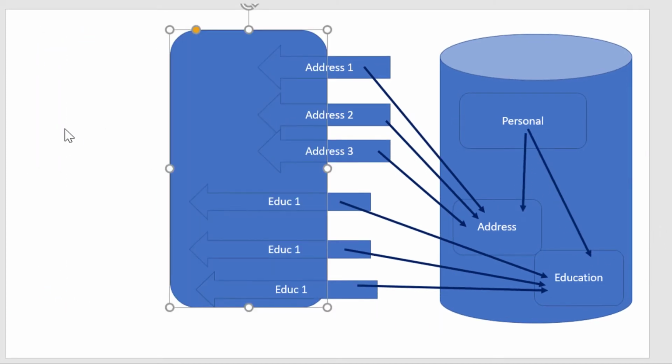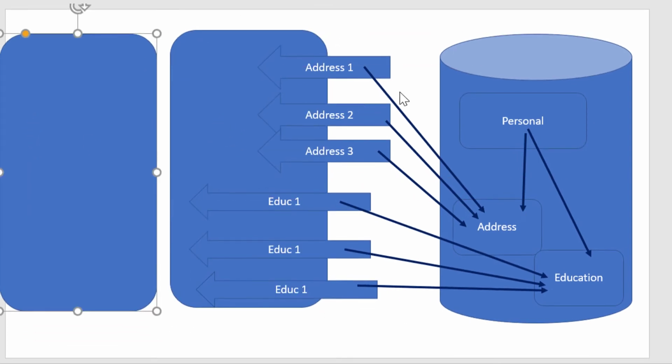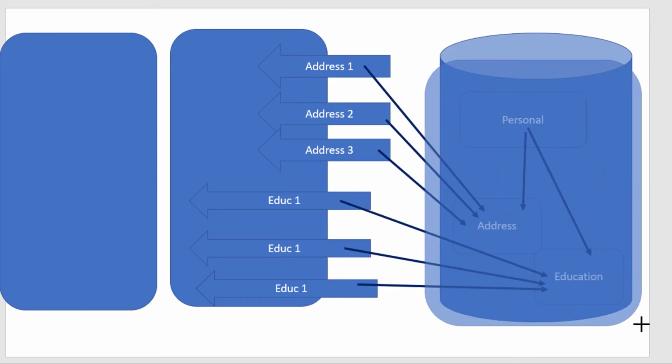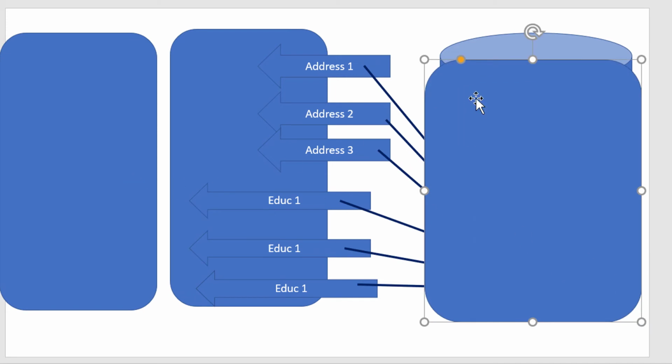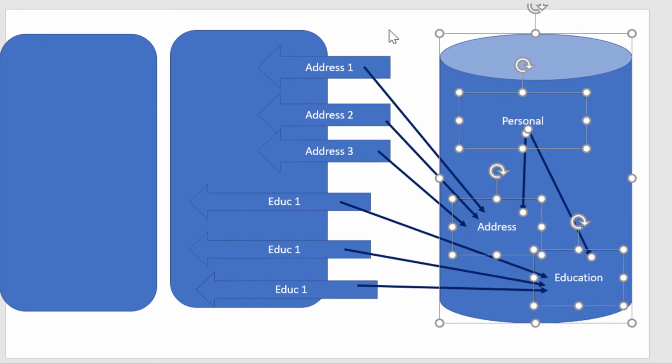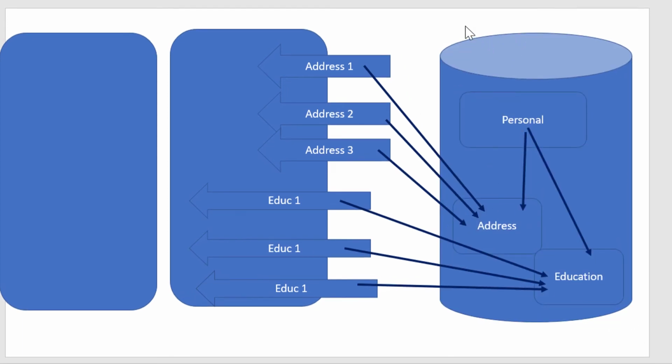Whenever I want to display this information back to the user, I may have to do a join between these tables. Whenever I do a join, it has to merge the data between these tables and bring the data back into the UI and display it to the user. When that happens, if I have the data in a distributed fashion, that's where the distributed constraint comes into the picture. An RDBMS is not going to exist in a distributed fashion, so the join works in a much easier way.